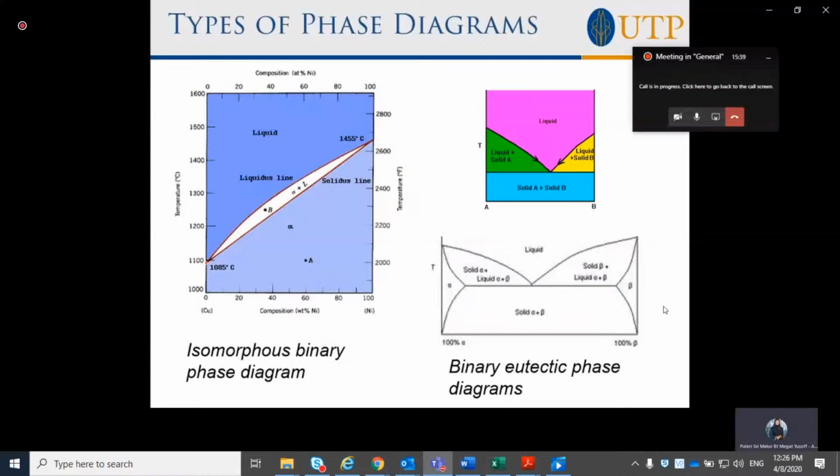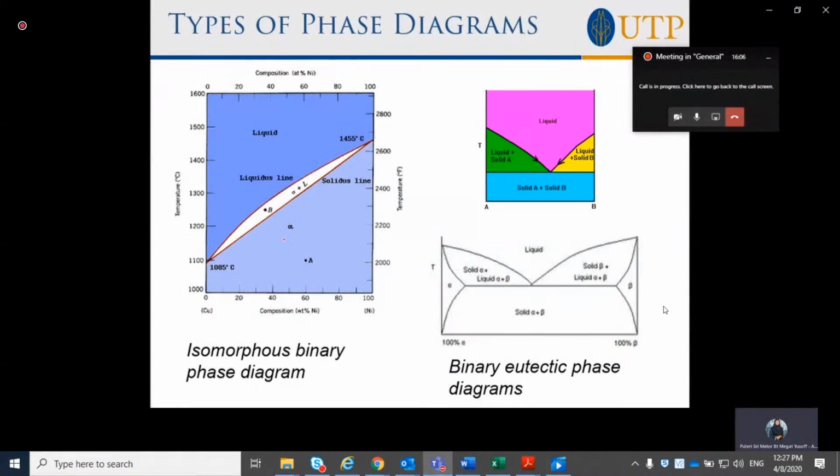These lines extend from 0% to 100%, and then there is another line also encapsulating it, extending from one end to the other. That has a specific name, a specific behavior, and a specific reason for it.